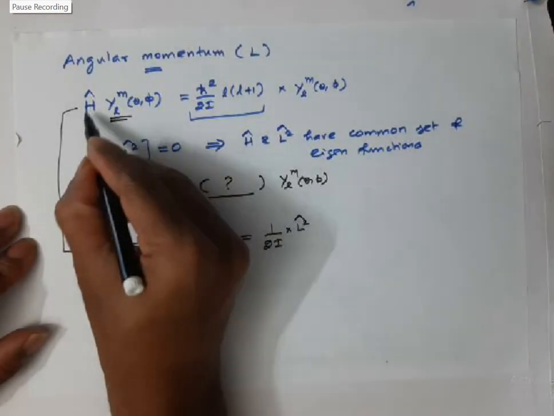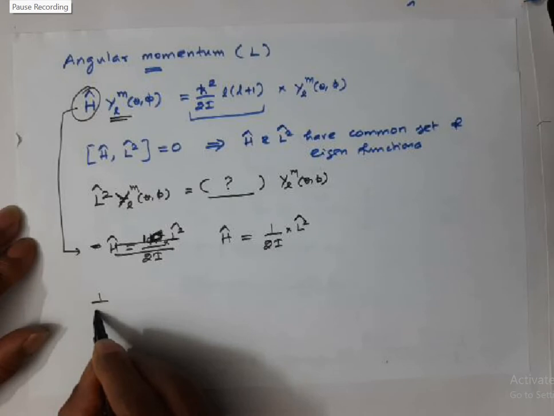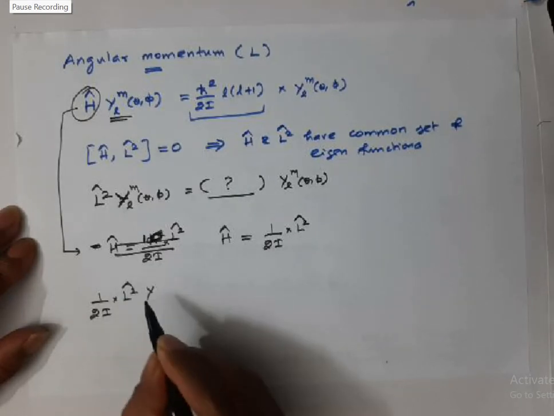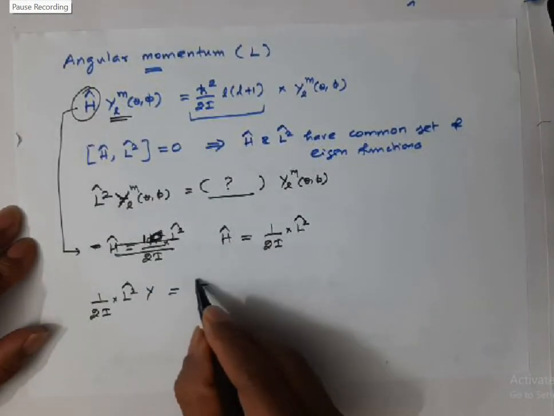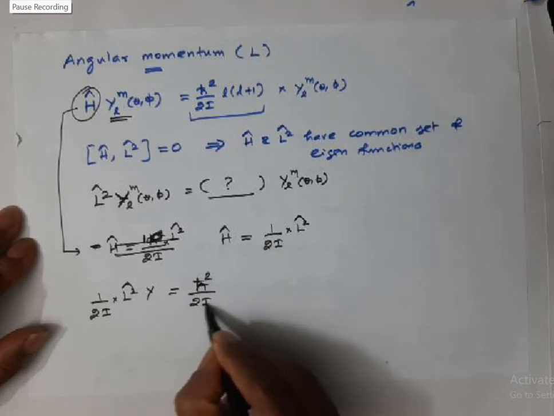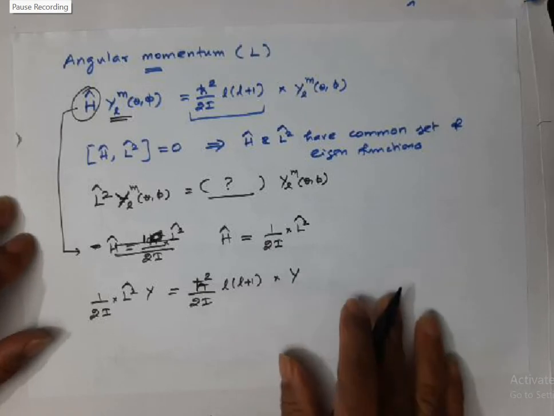If I replace the Hamiltonian operator by this, I get 1 by 2I into the L square operator acting on the function Y, which gives h bar square by 2I into L into L plus 1 into the same function Y.